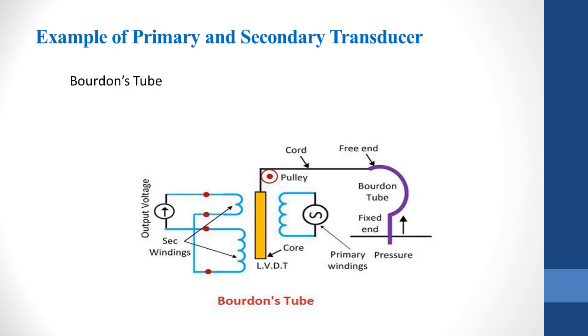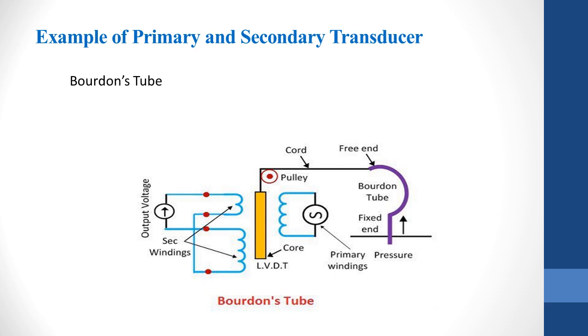This is the Bourdon tube pressure gauge with LVDT. On the left side we have the LVDT and on the right side we have the Bourdon tube. The input is given to the Bourdon tube and the C-shaped tube expands. The free end expands and pulls the LVDT core.